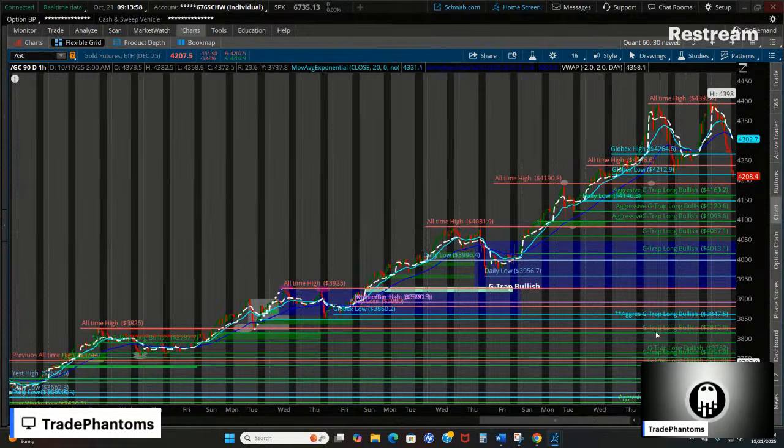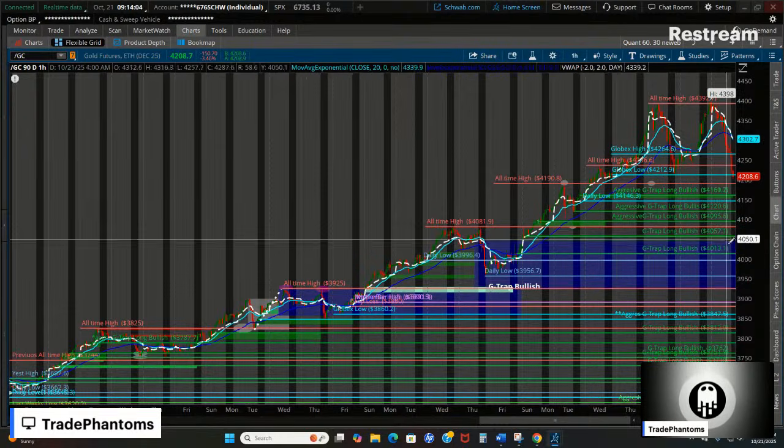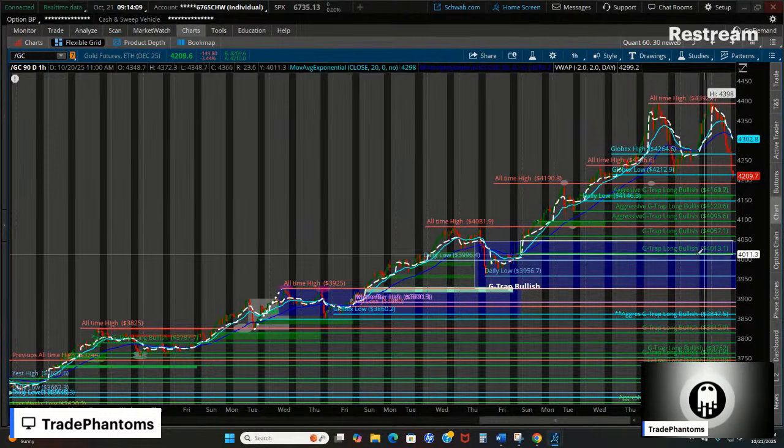All right, this is the previous all-time high retesting the side, but these ones are going to be better located. So call it 4050 down to 3950. I know it's a wide zone here.